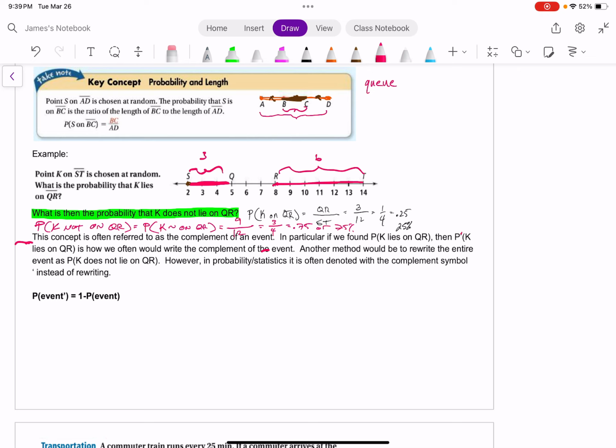P prime, K lies on QR, is how we would often write the complement of the event. Another method would be to rewrite the entire event as the probability of K does not lie on QR. However, in probability and statistics, it is often denoted with the complement symbol instead.